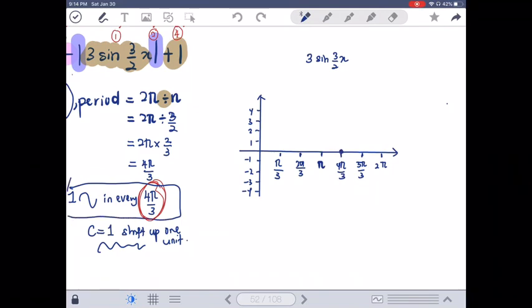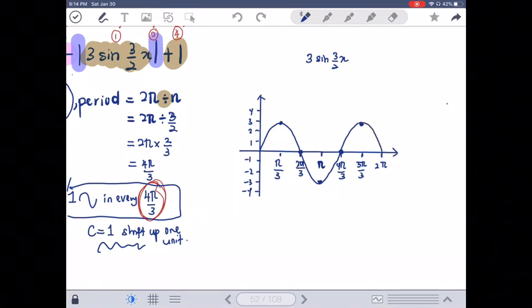So for every 4 pi over 3, there will be one cycle. Since the amplitude is 3, the graph will look something like that. And now we will continue to 2 pi. And you don't have to worry because the graph of trigonometric functions is very symmetrical.